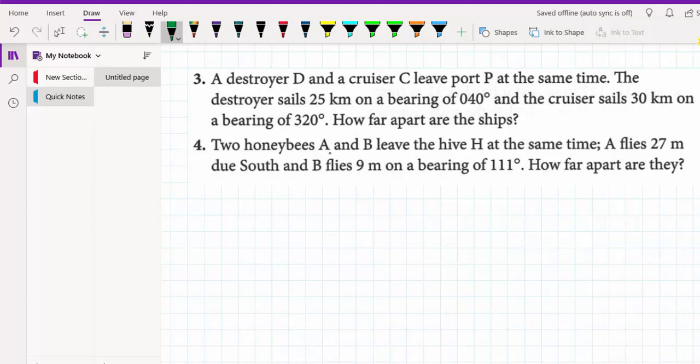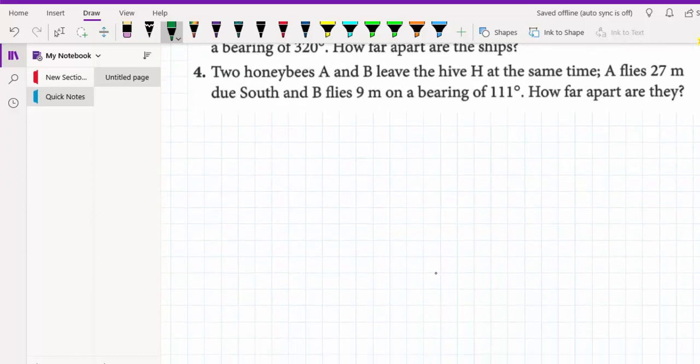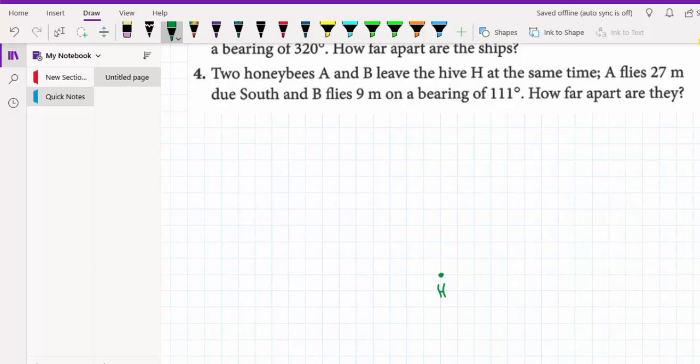Now question 4. Two honeybees A and B leave the hive H at the same time. So H is the point we work on. Let's say this point is H. Then A flies 27 meters due south, so the first bee goes down.